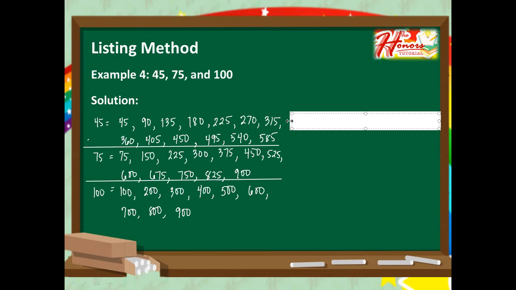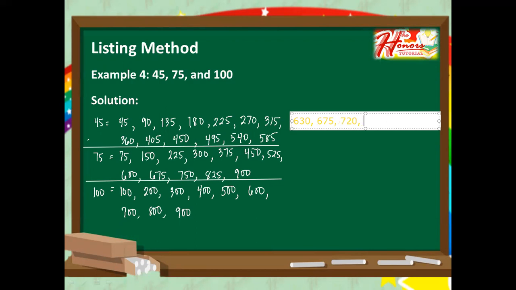So 45 times 14, that's 630. 45 times 15, that's 675. Let's continue. 45 times 16, that's 720.